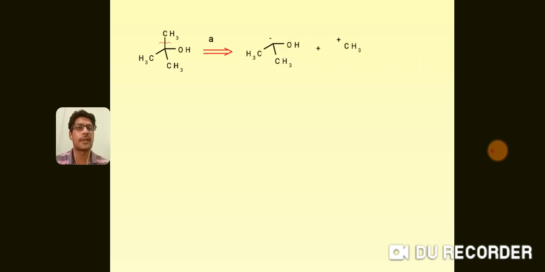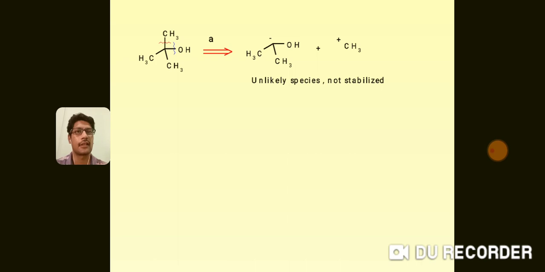This is the first way, by which we have two synthons, positively and negatively charged, unlike species, and not stabilized. Why are they not stabilized? Because CH3 plus means a primary carbocation, and the other synthon has a negative charge on the more electronegative atom, oxygen.